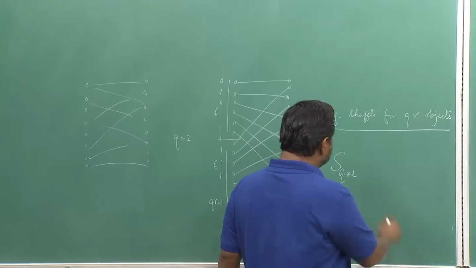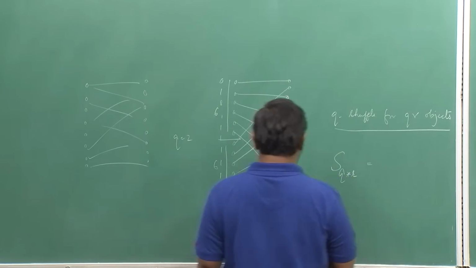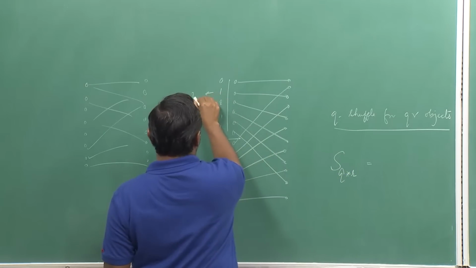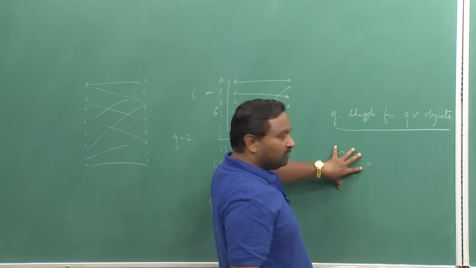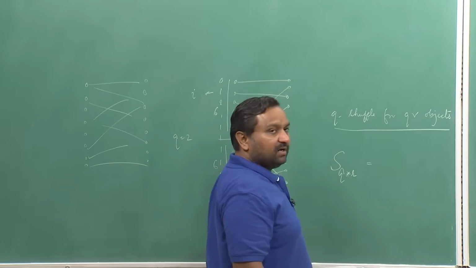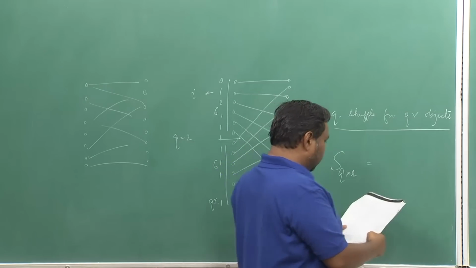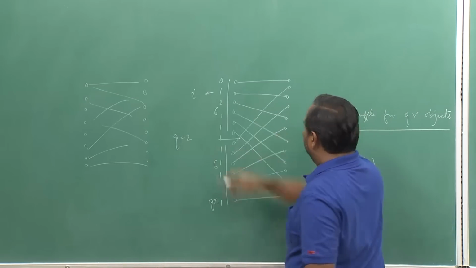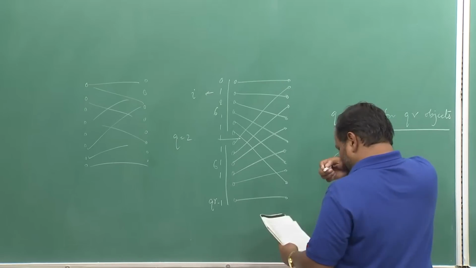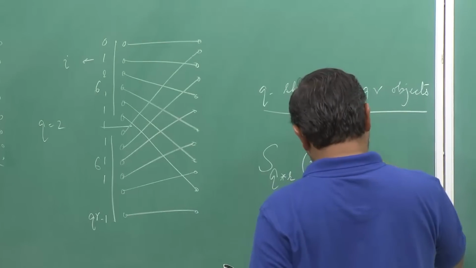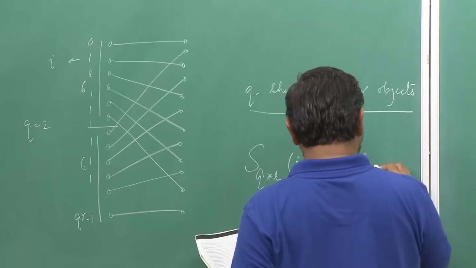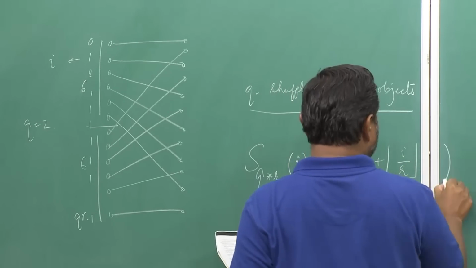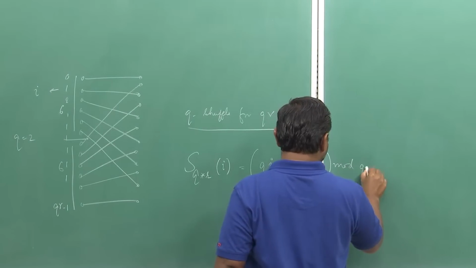I can define this shuffled pattern. For any given input identity I, which is my input index, I will get S_QR, the index number on this side. So we can define S_QR as a function of the input index: S_QR(I) = (QI + IR) mod QR.